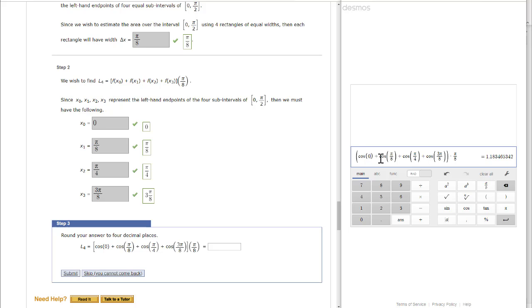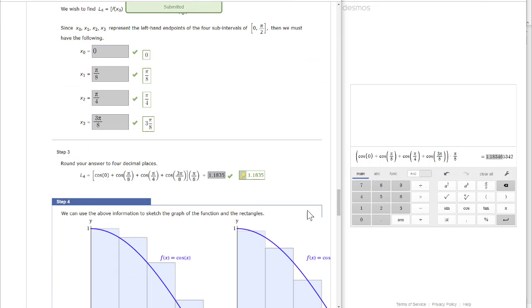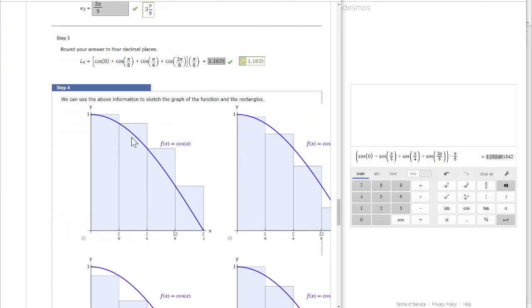So we have cosine of 0, cosine of pi over 8, etc. And then here we get a larger value, to 4 decimal places, 1.1835. And there we have it. So this is larger, it's an overestimate.